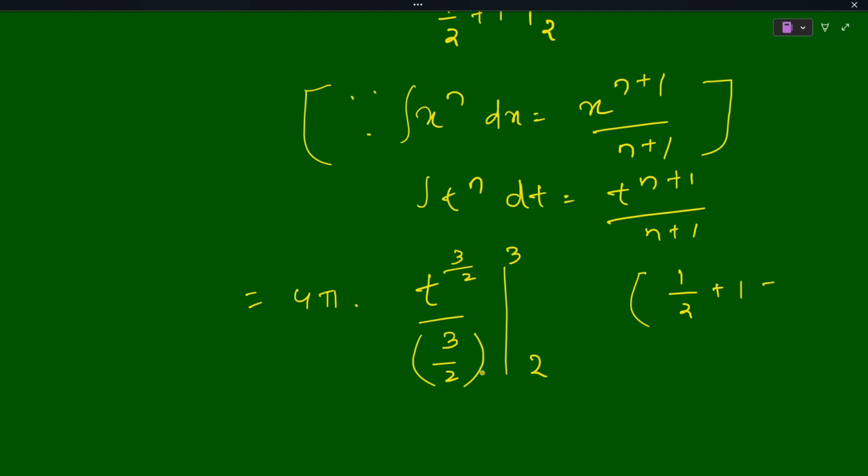This formula is the same for t also. Whatever may be the variable, the formula remains the same. So now let's solve furthermore.